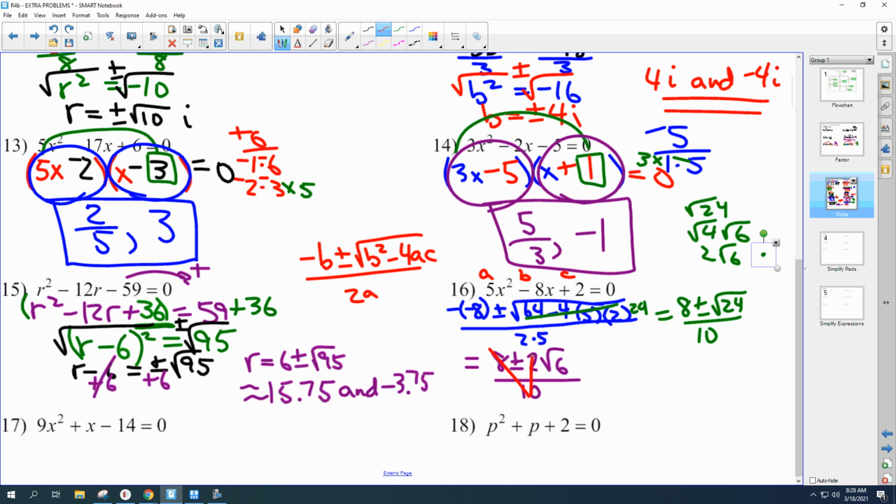All 3 of those numbers are divisible by 2. So if you divide them all by 2, you would see 4 plus or minus square root of 6 over 5. And leave it like that. Or if you wanted to plug it in on a calculator, you could do that as well. I would go back here, and maybe 8 plus square root of 24 over 10, or 8 minus square root of 24.